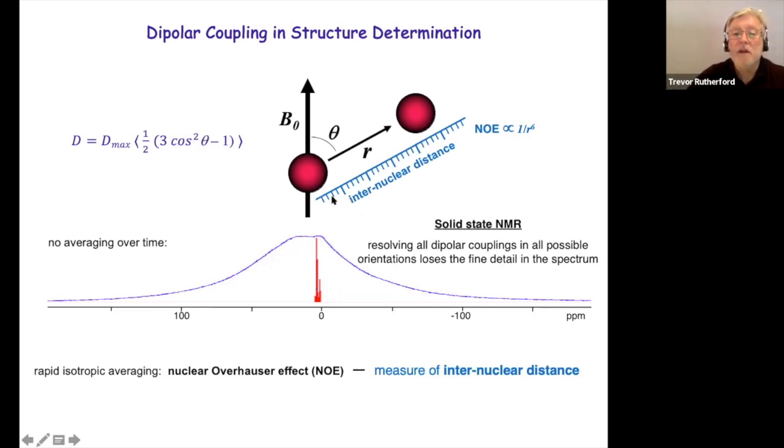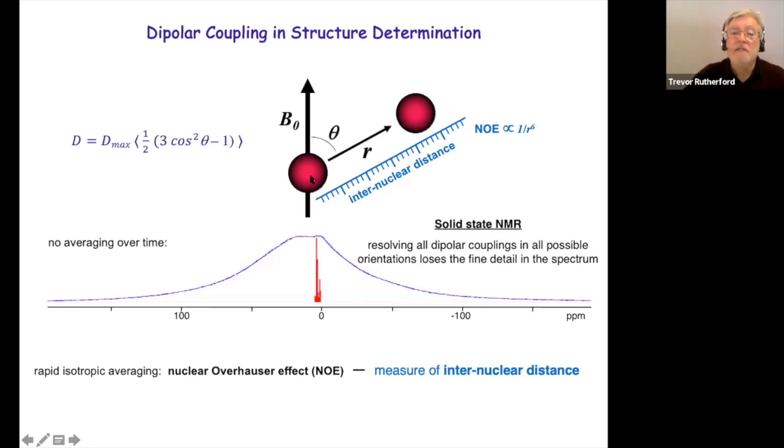Although I say the dipolar coupling term doesn't disappear, it is with us in the form of a process referred to as nuclear Overhauser enhancement, or the nuclear Overhauser effect, or NOE. The nuclear Overhauser effect is effectively an internuclear ruler, and the strength of this effect is directly proportional to the inverse 6th power of the distance.